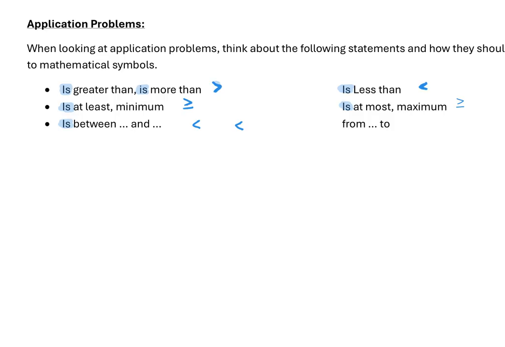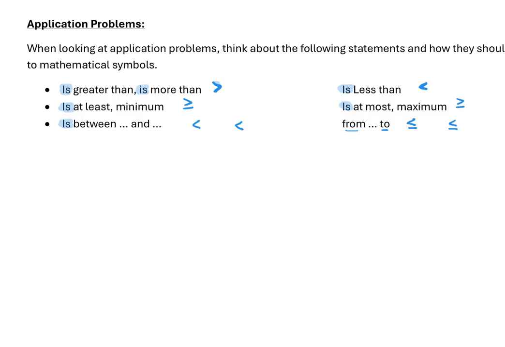On the other hand, if it says something like from to to, this is going to be an or equal to statement. If I say I am driving from my house to school, well then at one point I was at my house and at one point I am at the school, and so they are included.